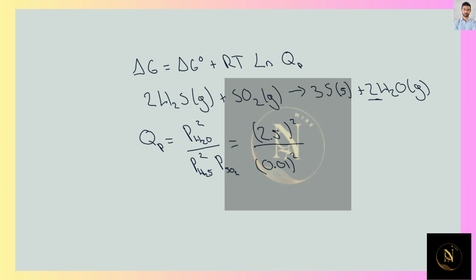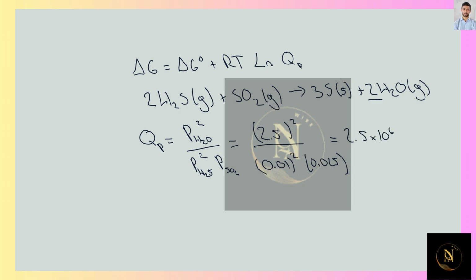This is going to be squared. And the value for SO2 is going to be 0.025 atmospheres. With this, the value for Q that we're going to get is 2.5 times 10 to the 6.